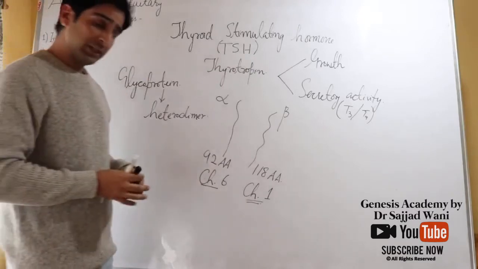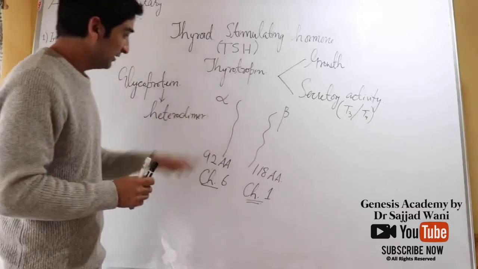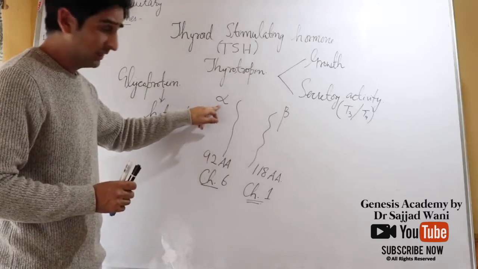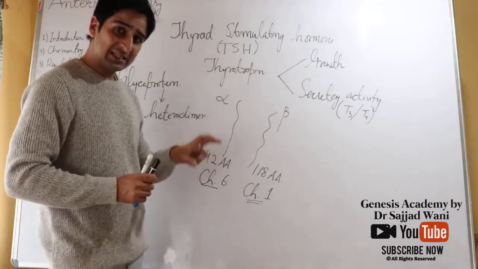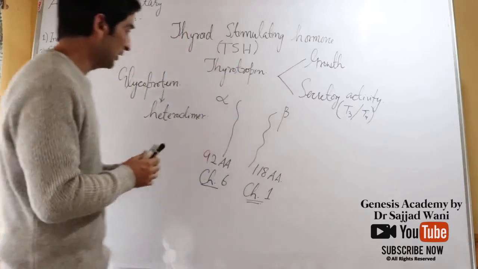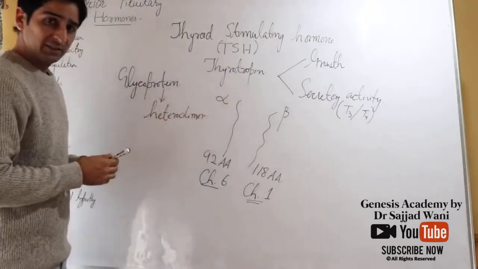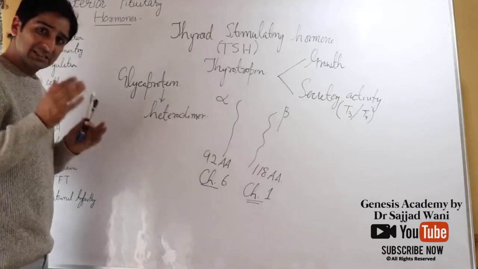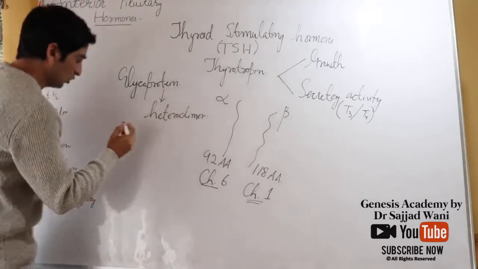But the most important thing which you have to remember here is that this alpha chain is identical in 4 hormones. You must remember this point. This alpha chain is similar in 4 different hormones.